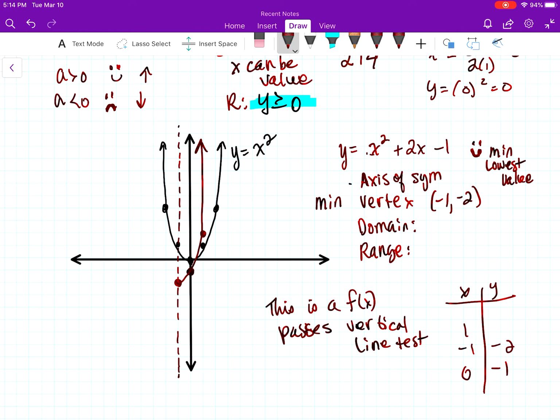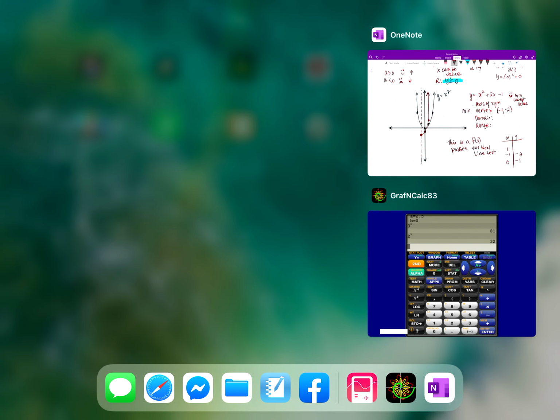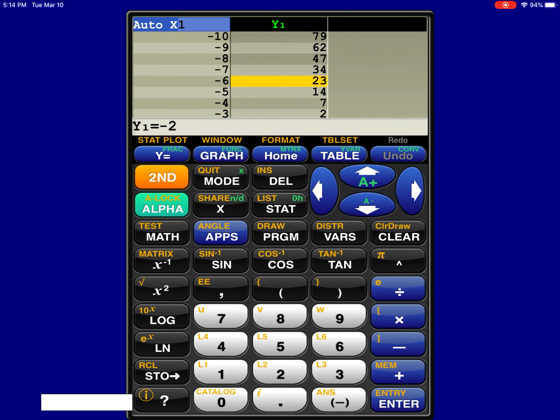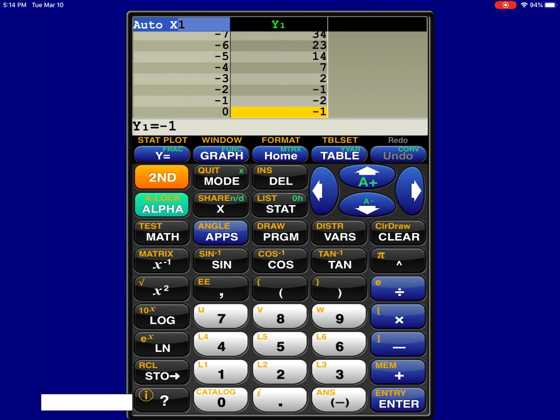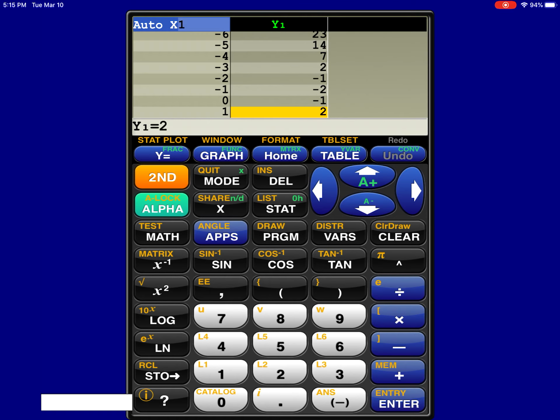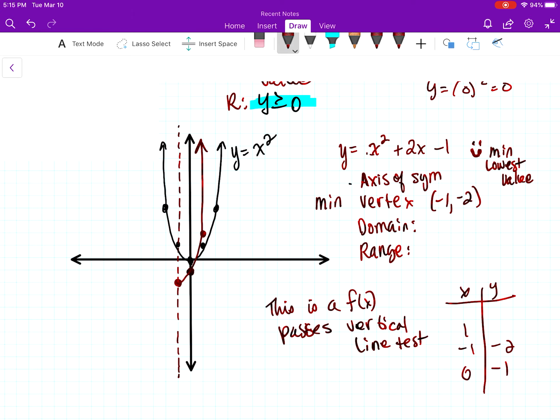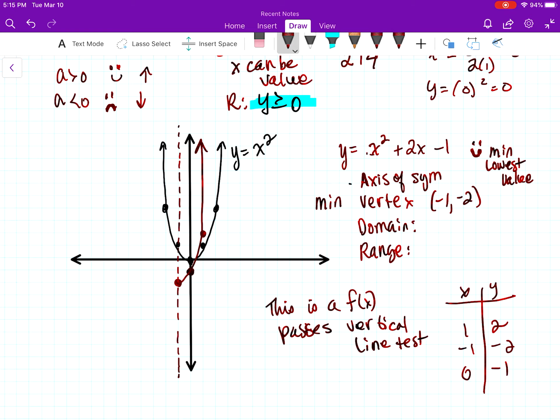And if I plug in 1, let me look at my table, that's going to give me 2. So if I go over here to 1 and go up 2, that's that point that I just plotted there. Okay? Actually, that should be over here, not there. I put it in the wrong spot.